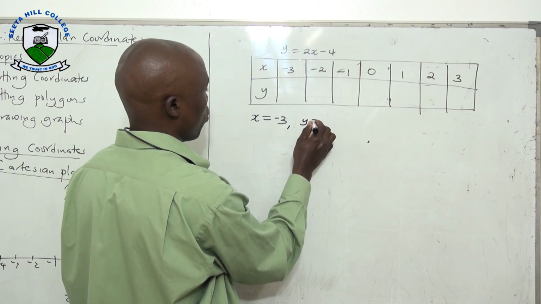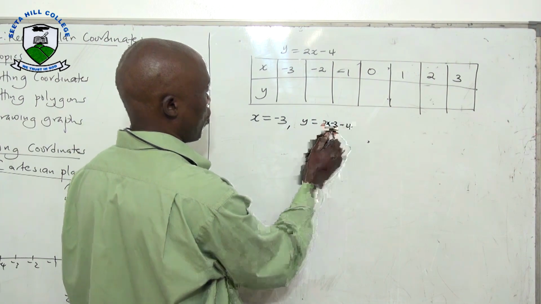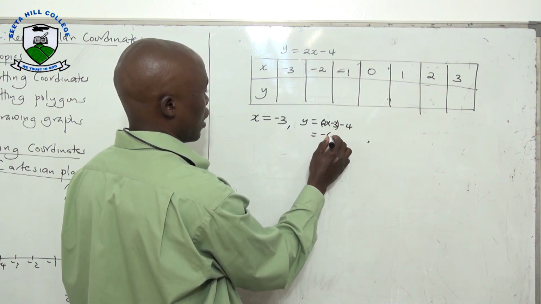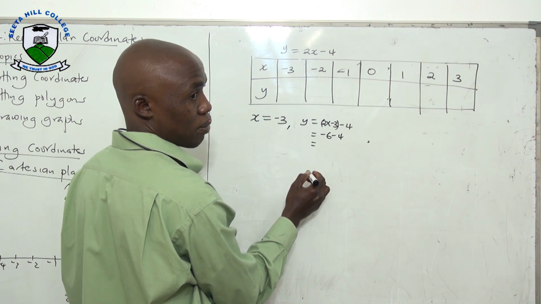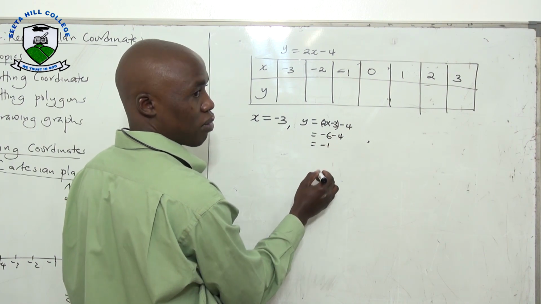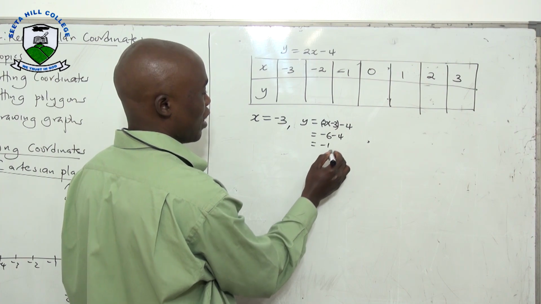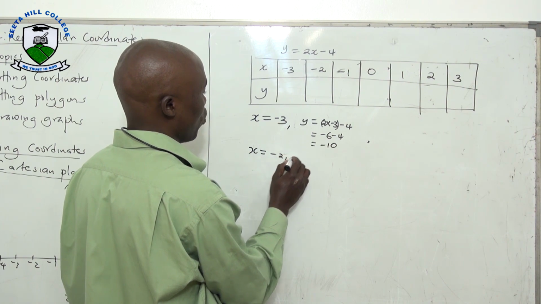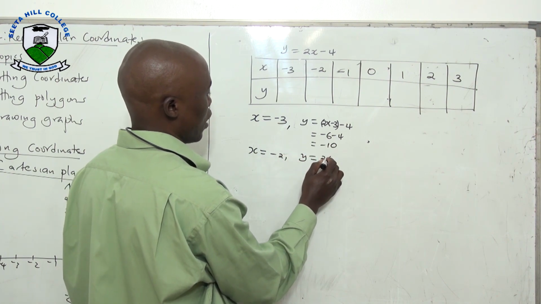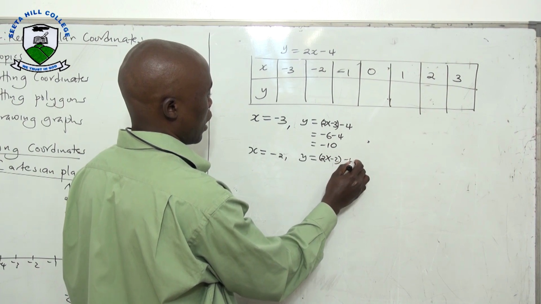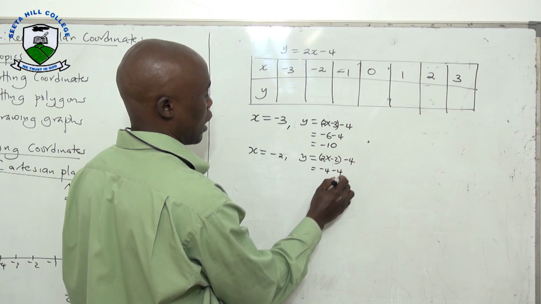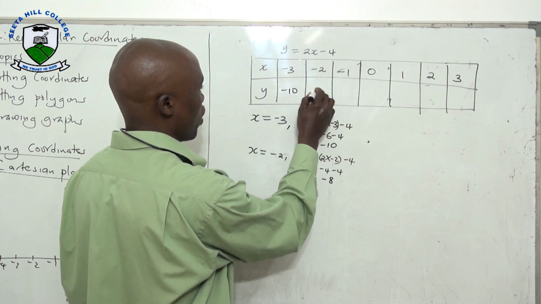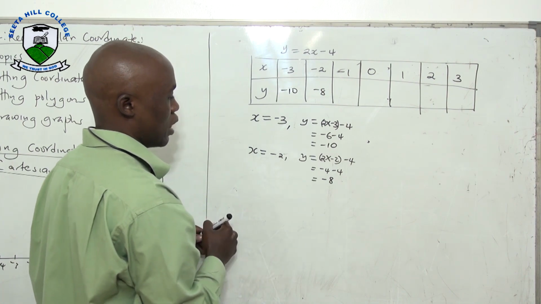That means y will be 2 times negative 3, minus 4. This will give us negative 6, minus 4, giving us negative 10. When x is negative 2, y would be 2 times negative 2 minus 4, giving us minus 4 minus 4, negative 8. That means work out for me the rest.